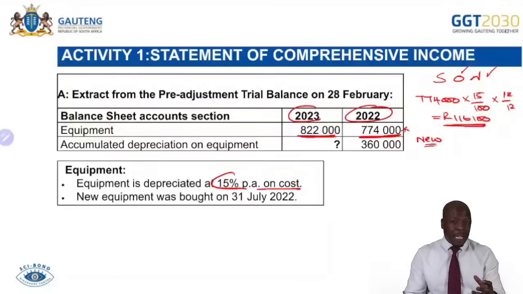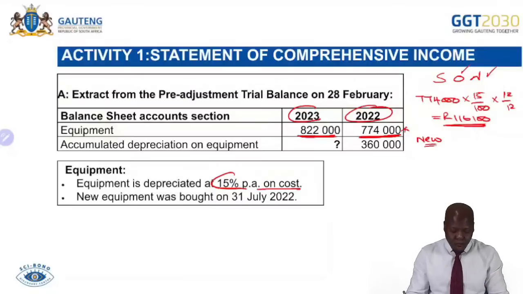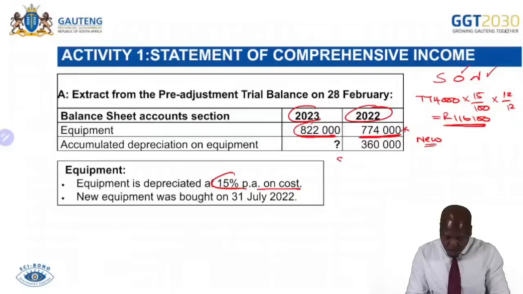Do we know the cost price of the new? We don't. All right. So we now need to go and get the cost price of the new. To get the cost price of the new, we will now say the equipment amount at the end of the year, 822,000. Then I subtract the 774,000, what was there at the beginning.